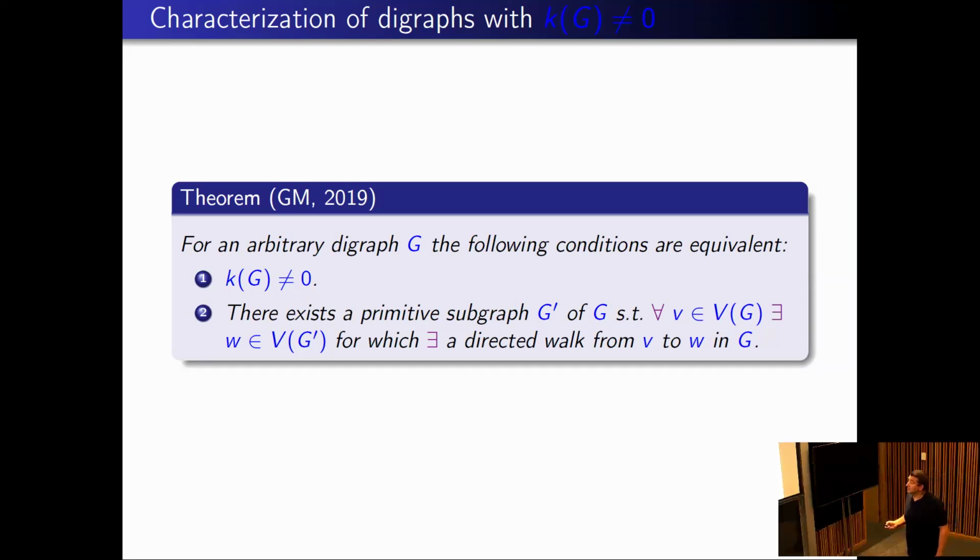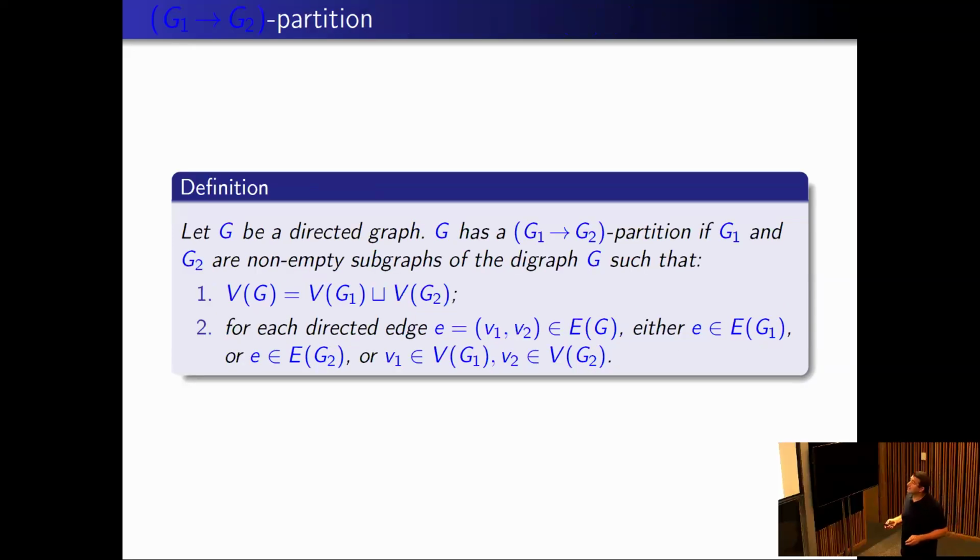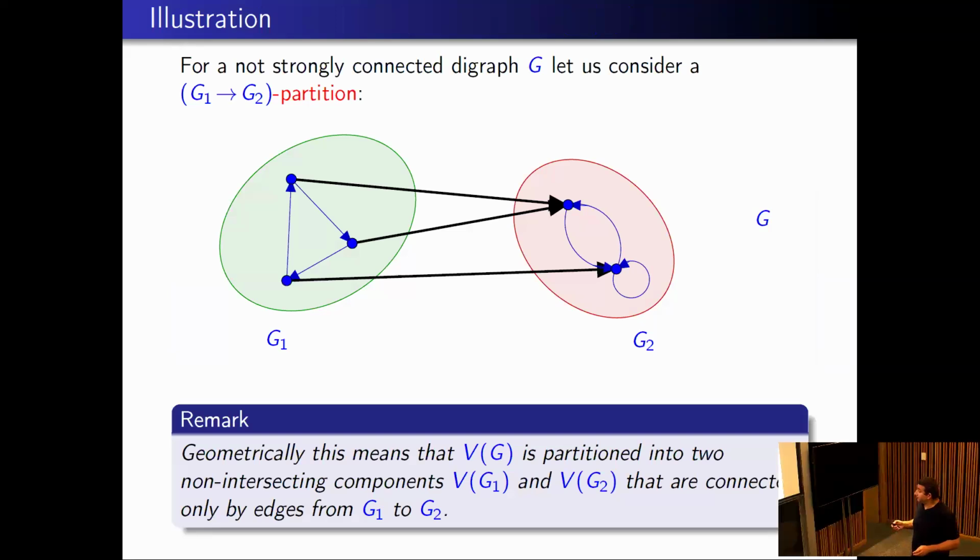A non-zero scrambling index allows you to decompose your graph in such a way that you have edges in part G1, edges in part G2, and you have only edges from G1 to G2, and this is what we call a G1, G2 partition of your graph.